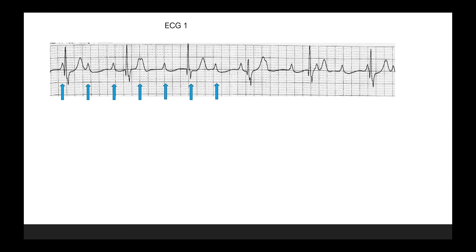So they appear to be all over the place on the ECG. And if you look at the QRS complex, they seem to be coming independent of the P waves. They seem to be having a rate of their own.